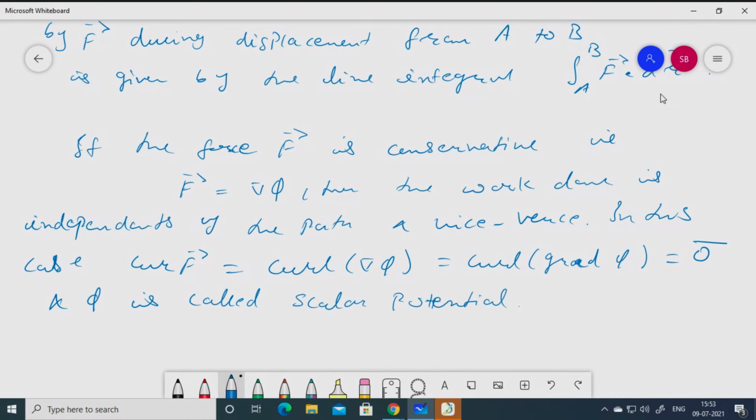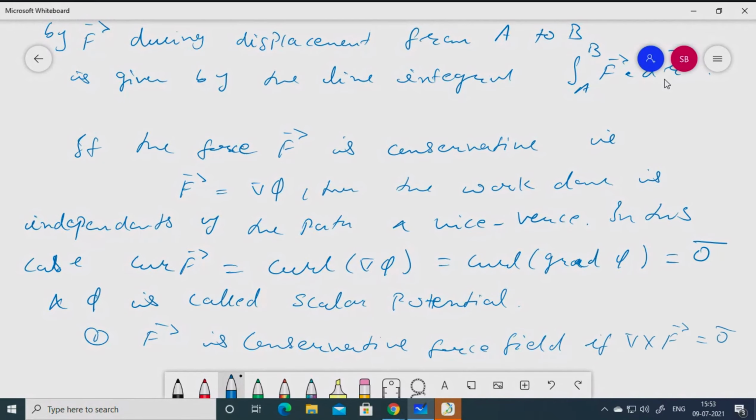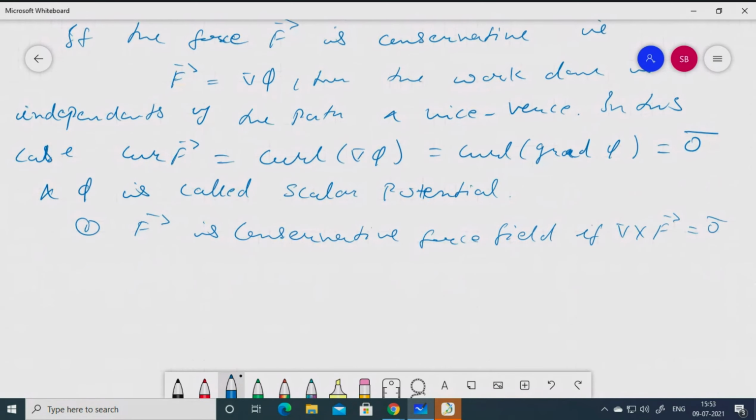Scalar potential. So one thing, if f bar is conservative force field, or you can say f bar is a conservative force field if del cross f bar is equal to 0 bar, that is curl of f bar is equal to 0 bar. Okay, and a conservative force field is also irrotational. Is it or not?